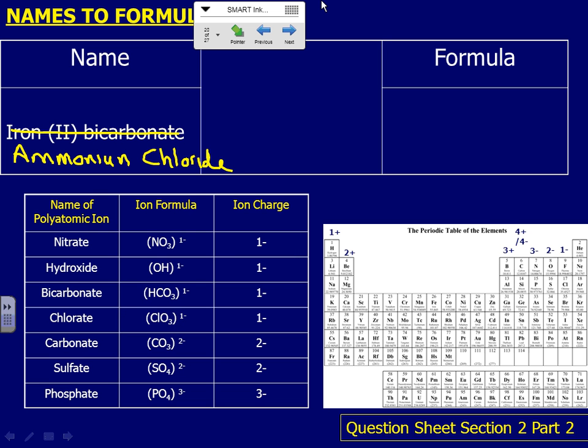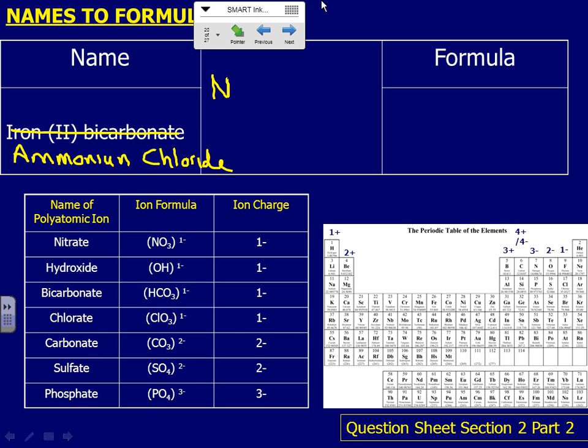Now notice that says chloride, not chlorate. So chloride is what we were doing the other day. It's just a Cl, and it's got a charge as determined by whatever rules we use. Ammonium is one of these polyatomic ions I asked you to add, and again we do it the same way.